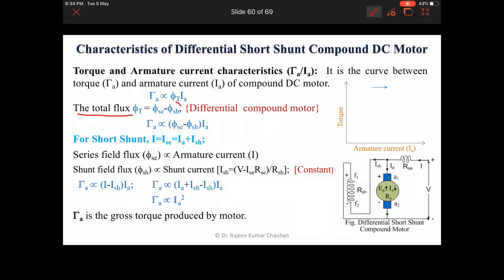So, I have written it here phi Se minus phi Sh, or it could be phi Sh minus phi Se. So, tau is proportional to, inside the bracket, phi Se minus phi Sh multiplied by Ia.